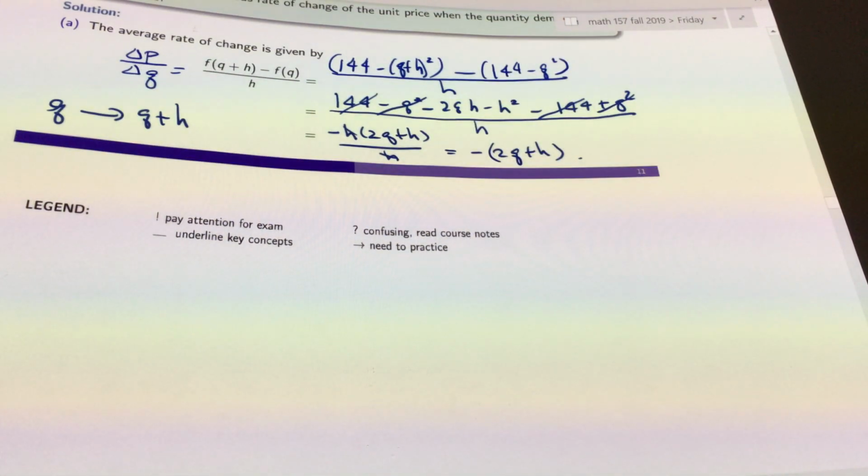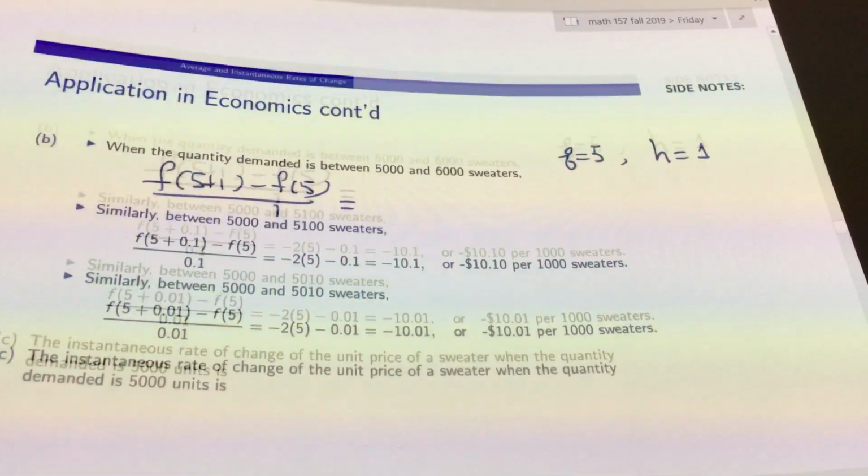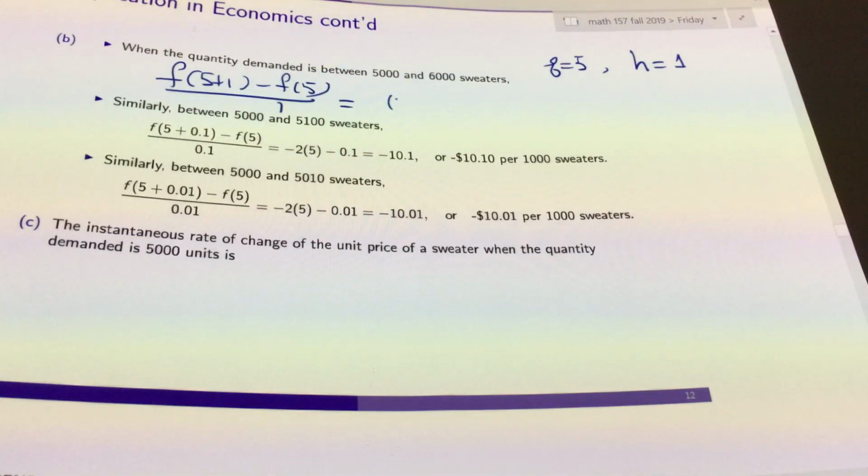I just compute the average rate of change, which is negative 2q plus h. So therefore I get negative 11. Okay. The negative means decreasing. The price actually decreases because it's a demand curve. Okay.